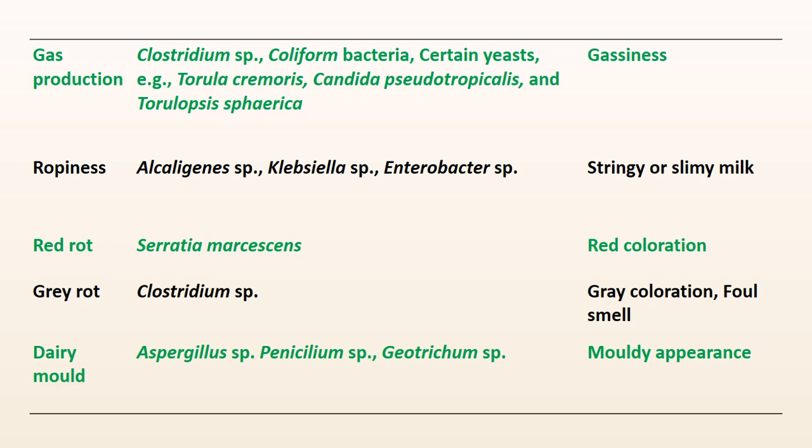There could be red rot caused by Serratia marcescens, and there will be red coloration, the typical sign. There could be grey rot caused by Clostridium species, with grey coloration or foul smell, and finally there could be dairy mold caused by Aspergillus species, Penicillium species and Geotrichum species, and there will be a moldy appearance.